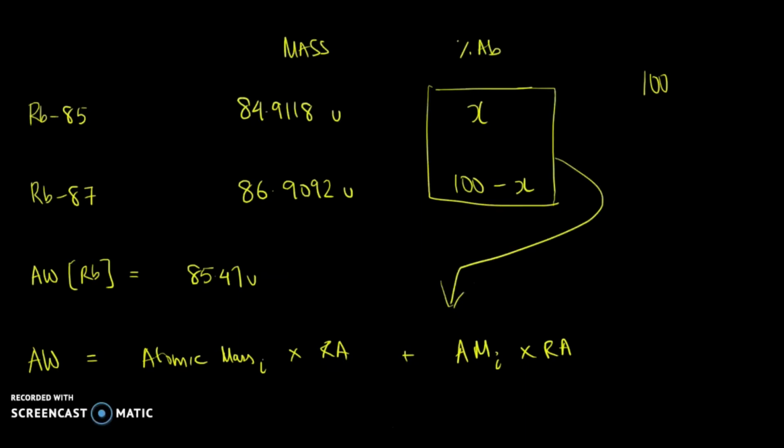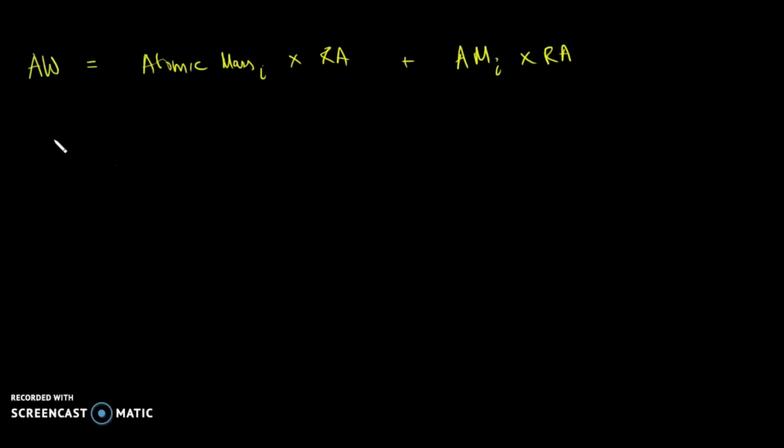So let's get started. We have the atomic weight given to us as 85.47. This equals the atomic mass of rubidium-85, and that's 84.9118, times the percent abundance that we defined, which is x.